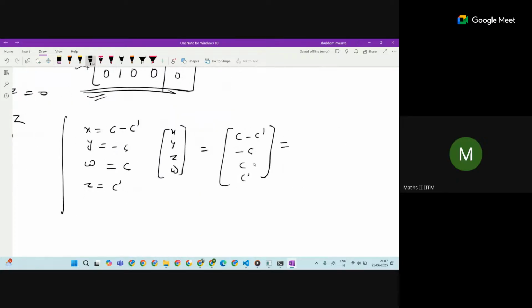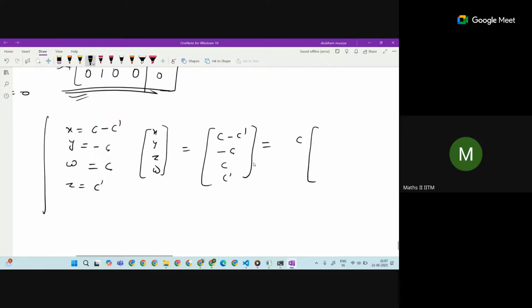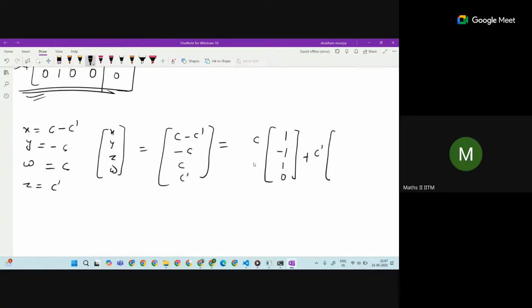If you want to write in a more comprehensive form, I am now separating c and c prime. So you can write c times the vector 1, minus 1, 1, 0, plus c prime times minus 1, 0, 0, 1 here.